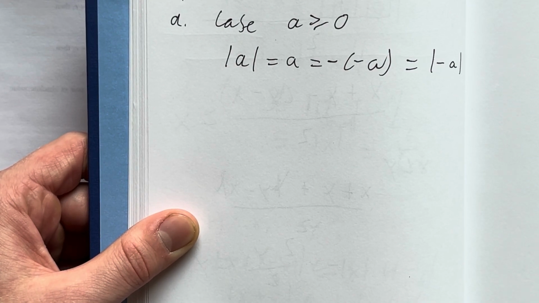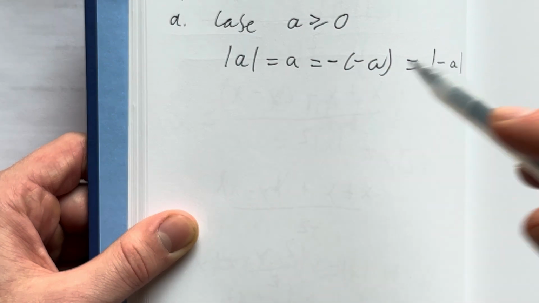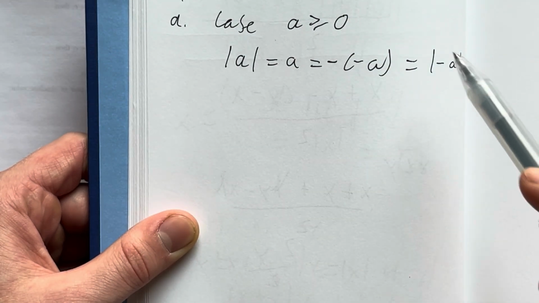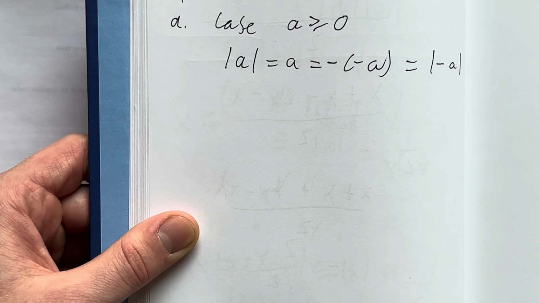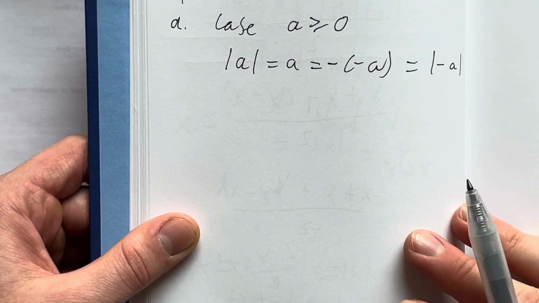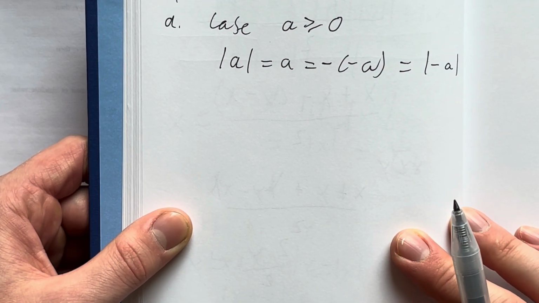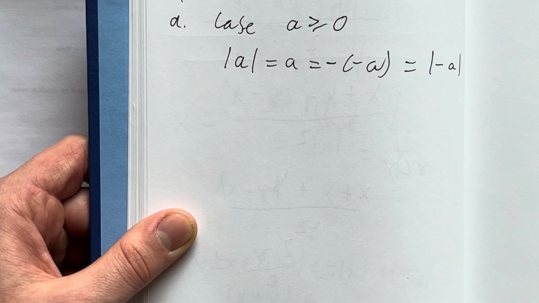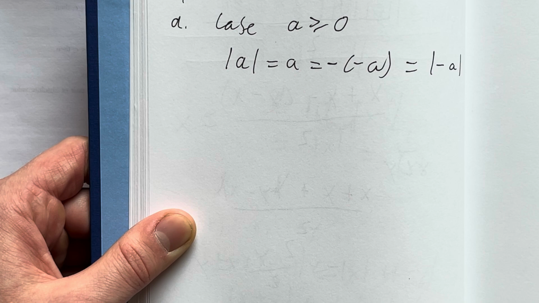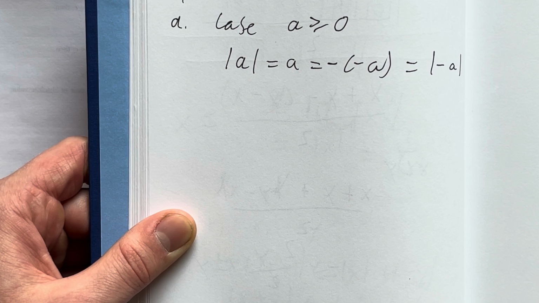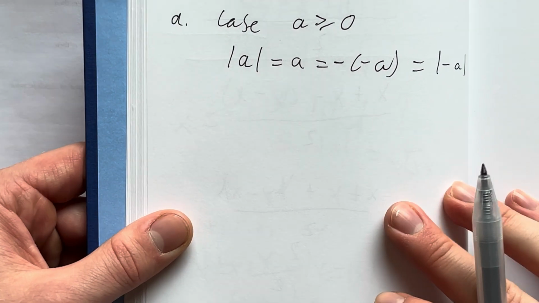And so, by just going the chain of logic the other direction, we clearly see that it's trivial also for a less than or equal to 0. I hope you understand my reasoning.